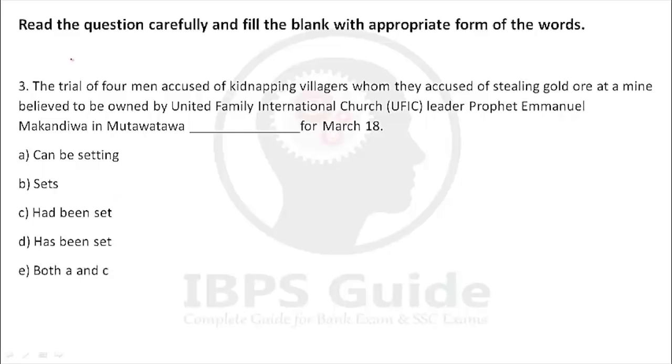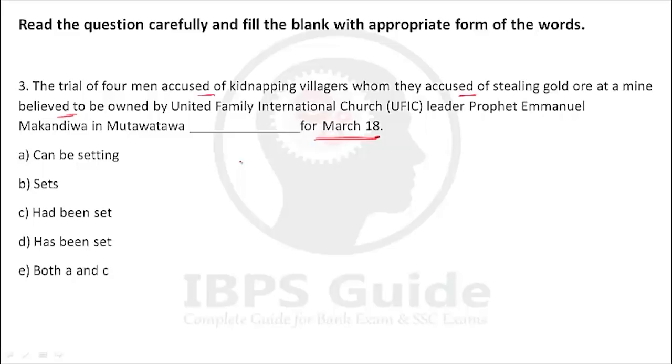First and foremost thing, the trial of four men accused, past tense, of kidnapping villagers whom they accused, past tense, of stealing gold ore at a mine believed, again past tense, to be owned by United Family International Church leader Prophet Emmanuel Macandia. And so for March 18, although it is a sequence of past tense, here the option will not be in past tense because the effect is still continuing now.